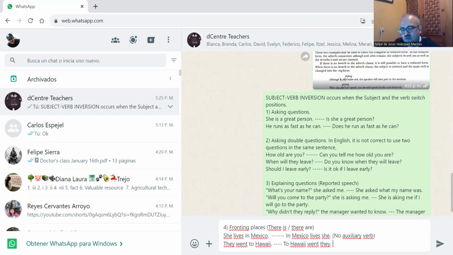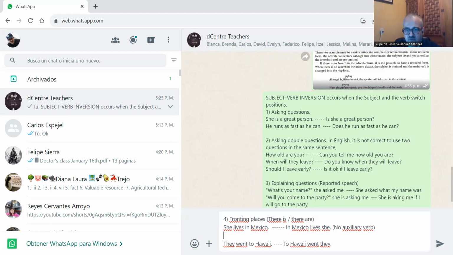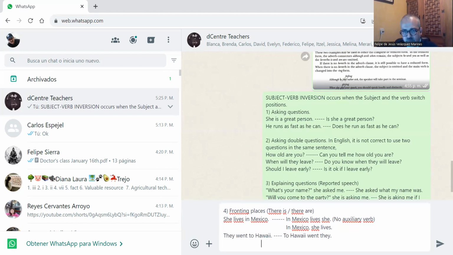If you don't want to do this, because this sounds weird to you, what you can do is insert a comma and you will not have to use the inversion. In Mexico, she lives. Or to Hawaii, they went. This is when we have no auxiliaries.